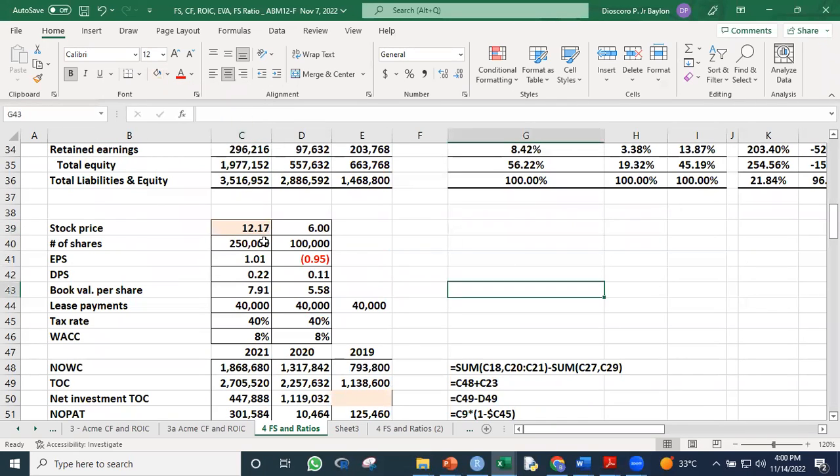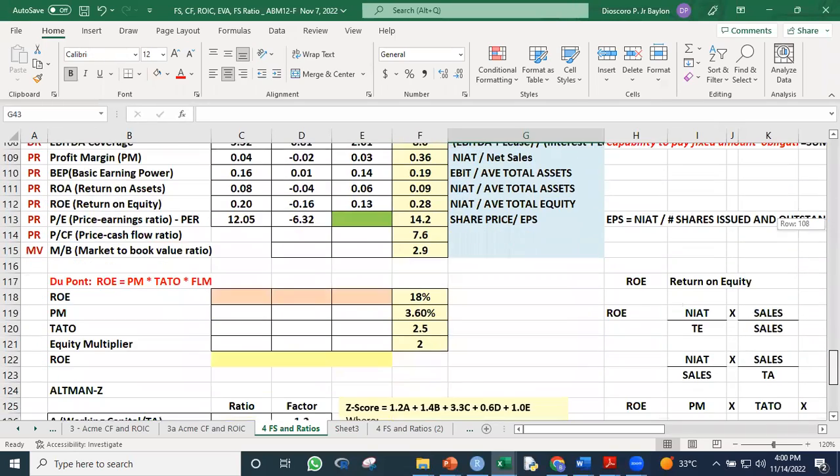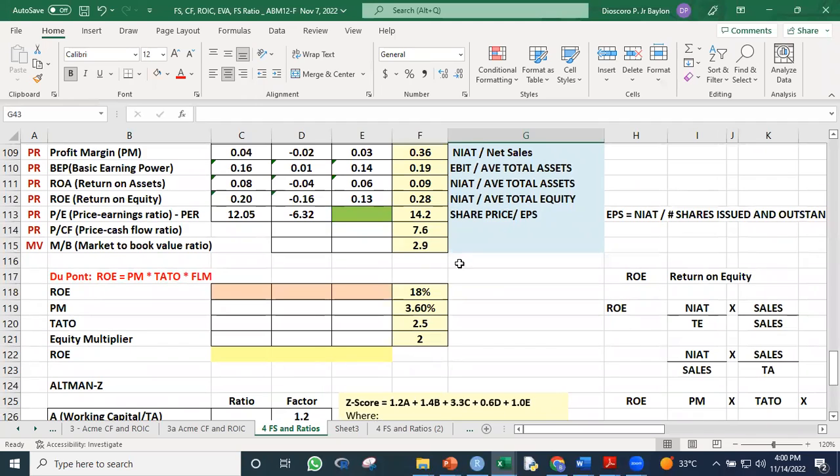Okay, at this particular time, no? Okay, 12.17 siya. Pero anong ibig sabihin ng PER? Again, tingnan nyo lang yung class. Tingnan nyo lagi yung formula. Kasi yun yung kwento niyan eh. Ang ibig sabihin niyan, sa bawat piso na makukuha mo sa company na to, and earnings per share kasi yun, okay, it will cost you 12.05 to quote-unquote buy.